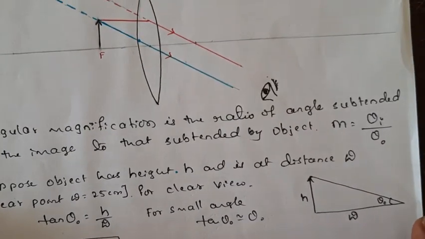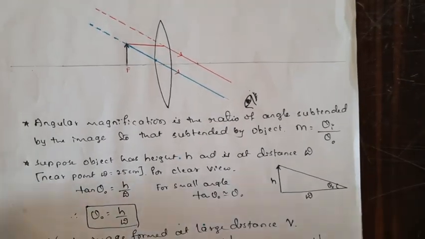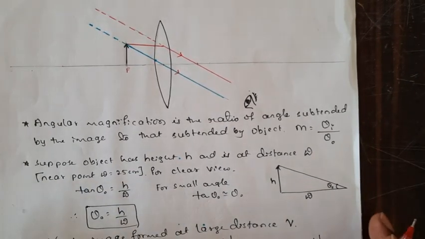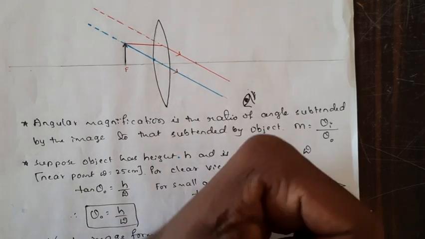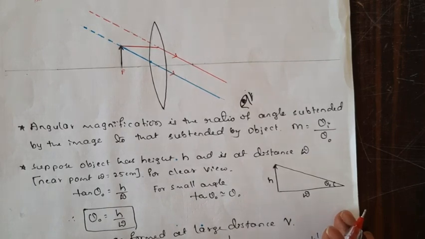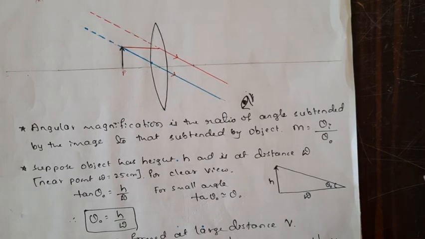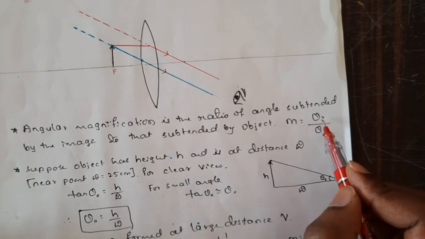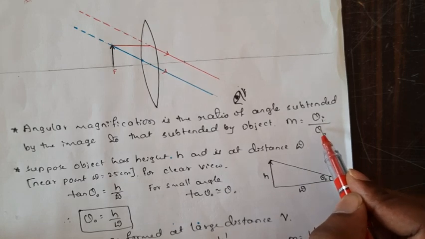Okay, so in this case also we have to calculate the magnification, and here we use the term angular magnification. Linear magnification is the size of image to the size of object, usually the height of image divided by height of object. If you want the angular magnification, you should take the angular concept: instead of the height, we take the angle subtended by the image divided by the angle subtended by the object.